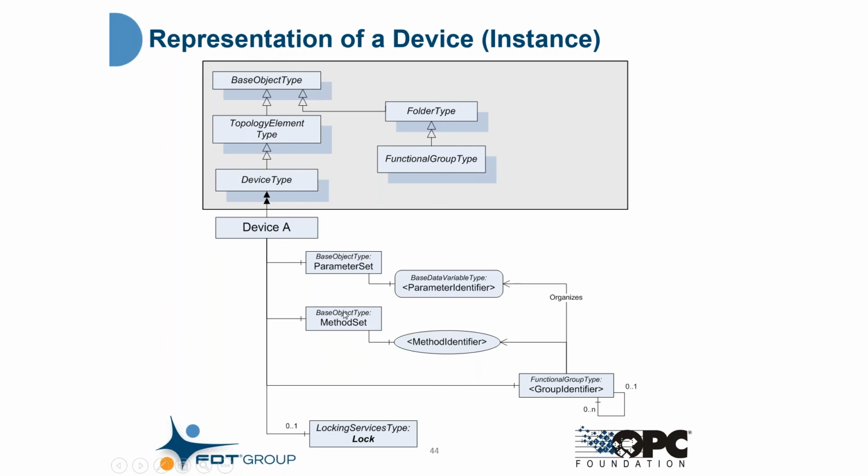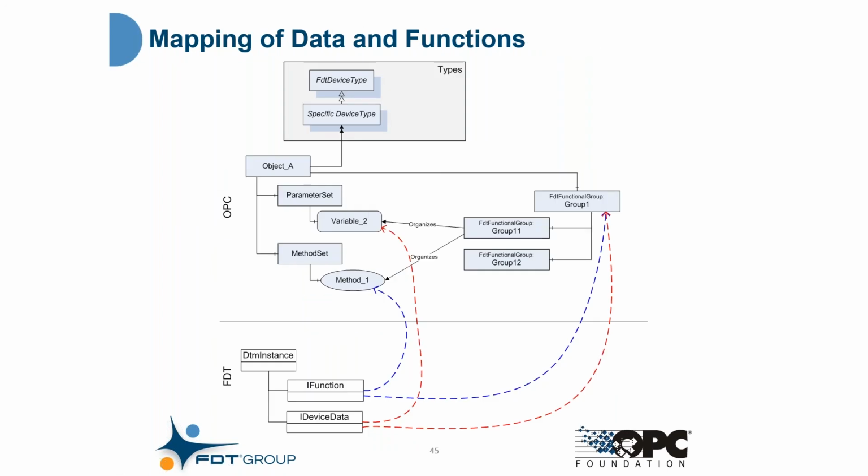And then there's a construct called functional group type, basically that can be used to provide a more human-friendly way of representation and organization of the data, similar to a menu or a drop-down menu. Using that as a base, we defined a mapping of the information from the DTM to the OPC namespace.